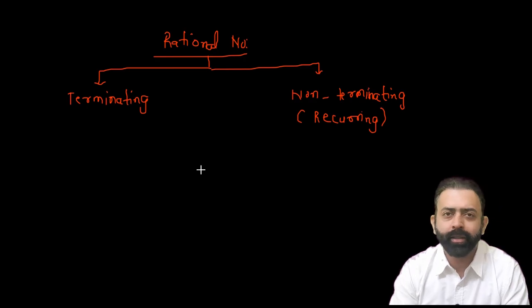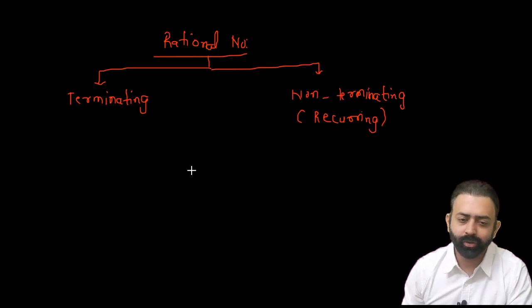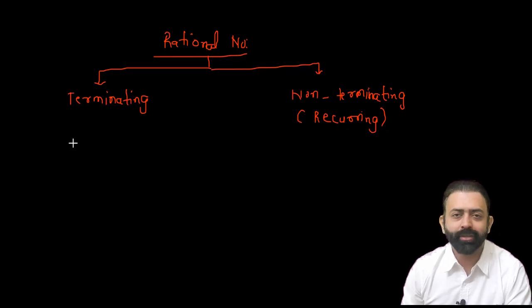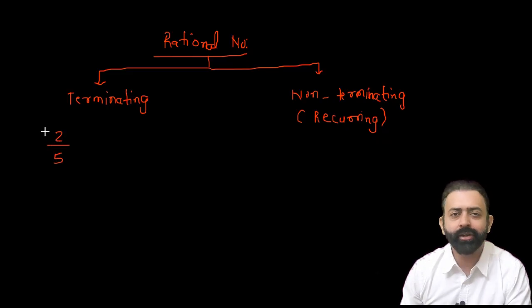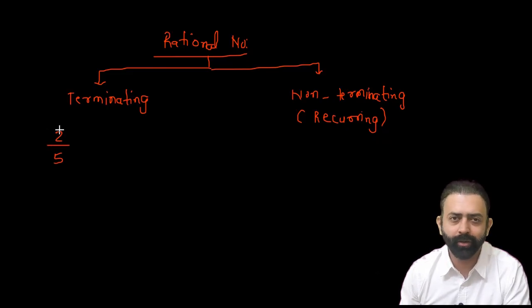Okay, and the shortcut or the method to find out whether the given rational number will be recurring or non-recurring is this. Let us say the given rational number is 2 upon 5, and we need to find out whether it is repeating or non-repeating.